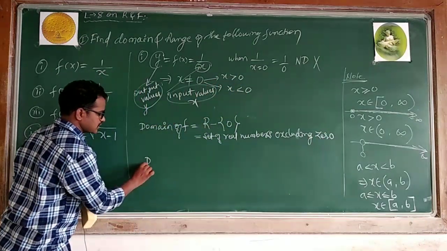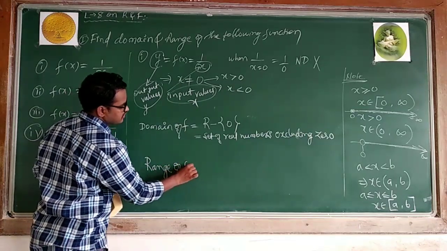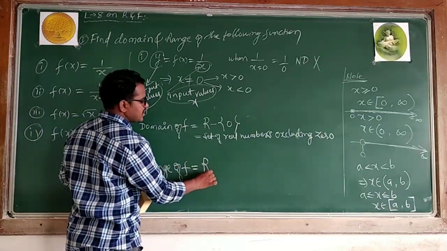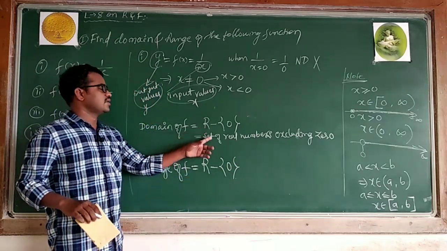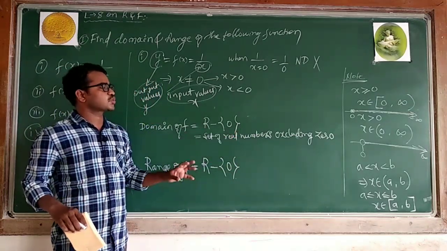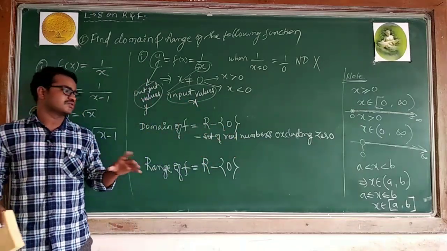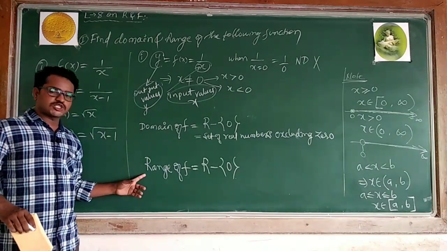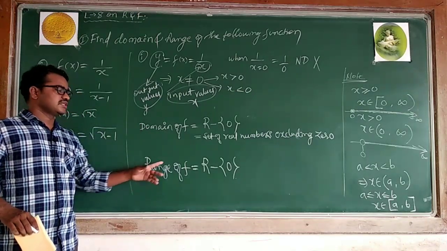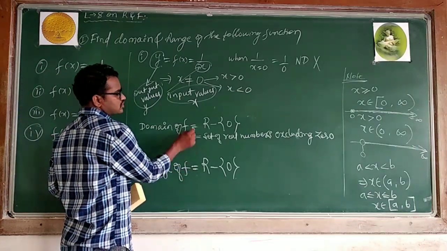What is the range? Range of f is equal to the set of real numbers excluding 0. It is not necessary to write again. You can understand now: set of real numbers excluding 0, because you can leave 0 and take any value. So domain is always the set of real numbers excluding 0. Its corresponding y value is also of this set. This is a y value, this is an x value.